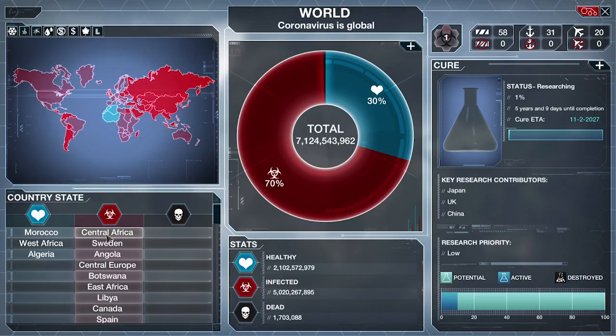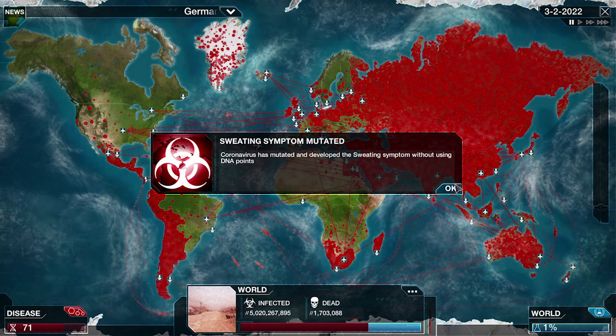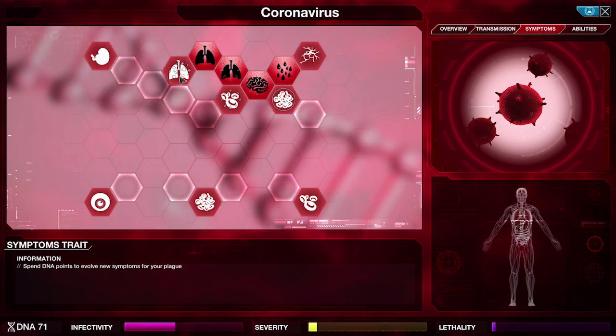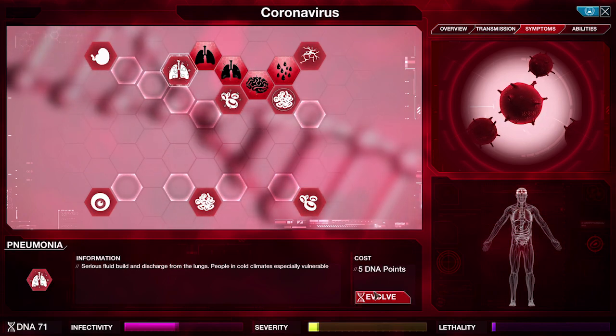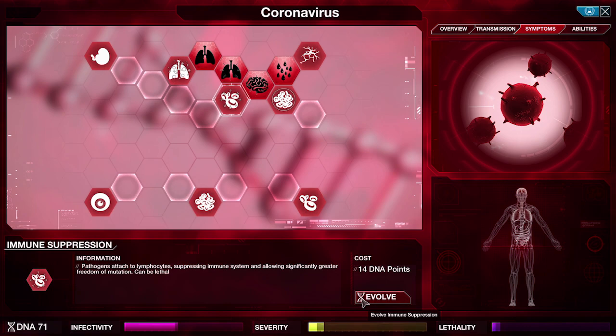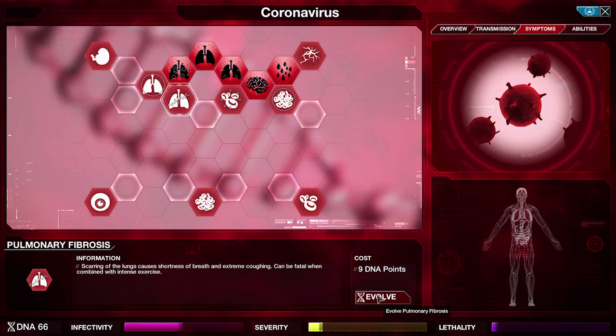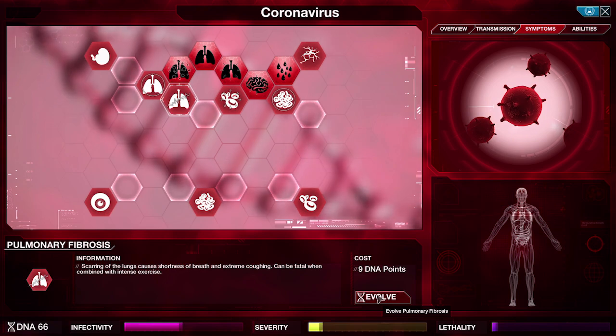Alright, I think I still don't have the whole world infected. That's kind of wild. But we're going to go ahead and give coronavirus immune suppression. Well, no, I think we're just going to stick with the pulmonary stuff. So this strain of coronavirus mostly affects the pulmonary systems.